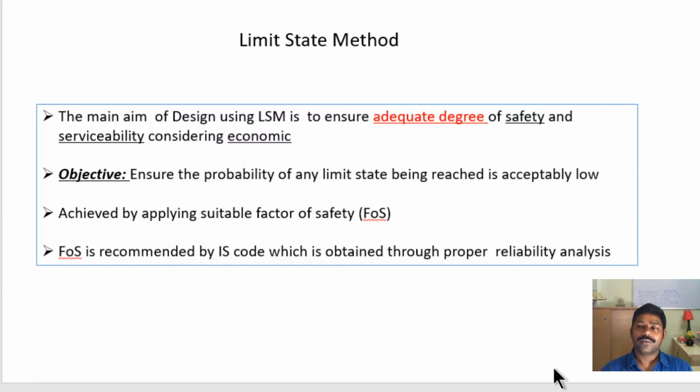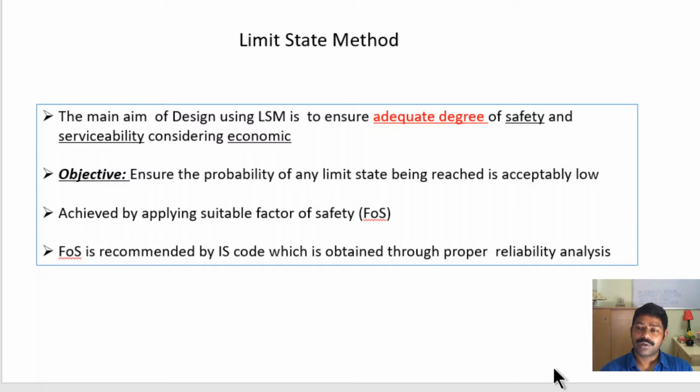So here we have learned that we can use the limit state method, because it considers both safety and serviceability criteria for design, and at the same time it is also economical. So whatever the demerits were in the working stress method and the ultimate load method, we are overcoming both by using the limit state method.